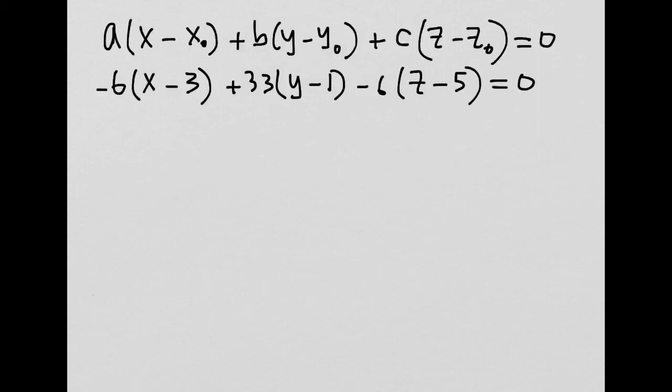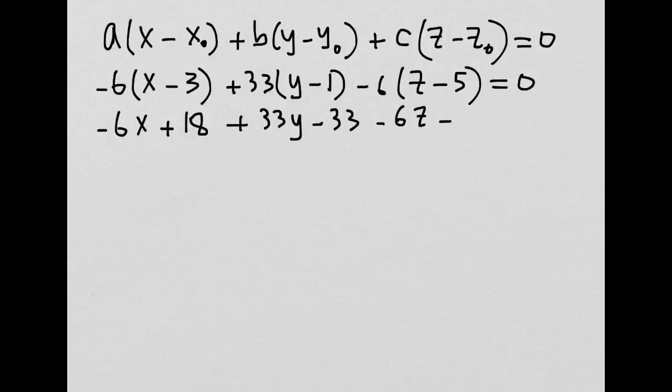Let's expand. Minus 6x plus 18 plus 33y minus 33 minus 6z plus 30 equals 0.